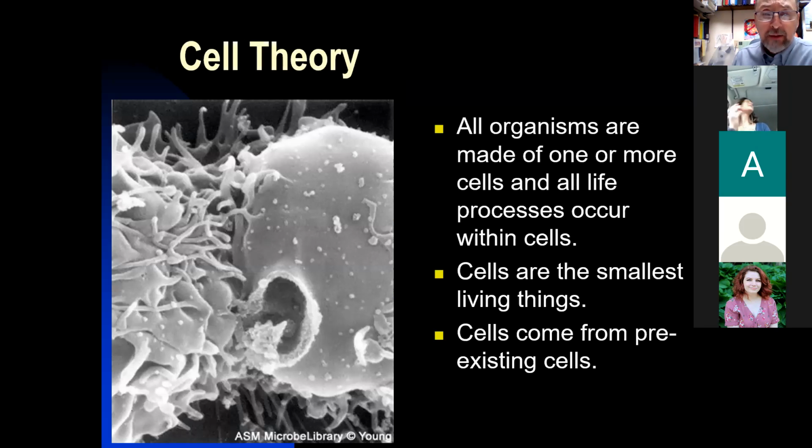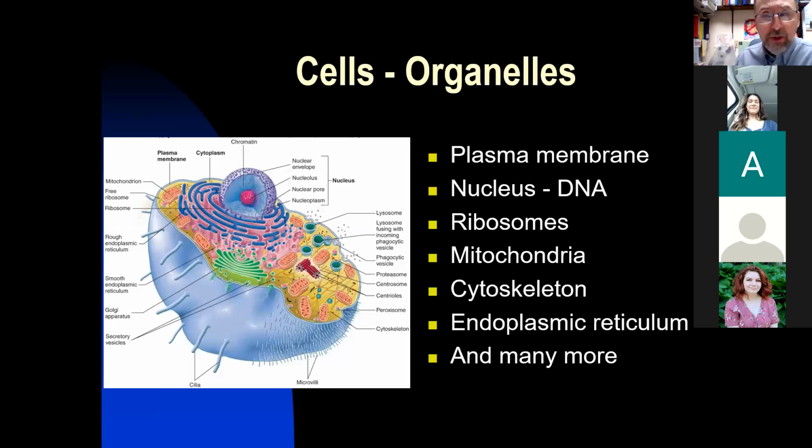Then again, probably the main chapter is the chapter on cells. So the living units of your body are cells. We have lots of them. And so we have to kind of know how cells work, what the main structures of cells are.